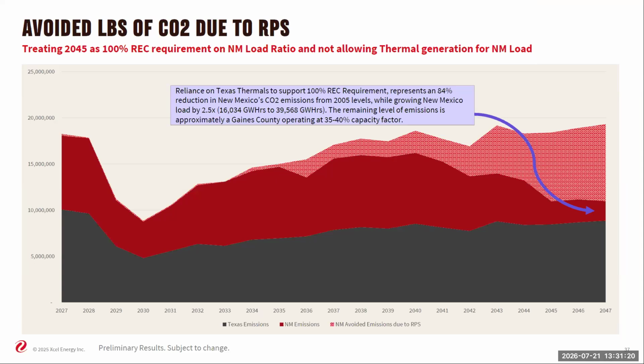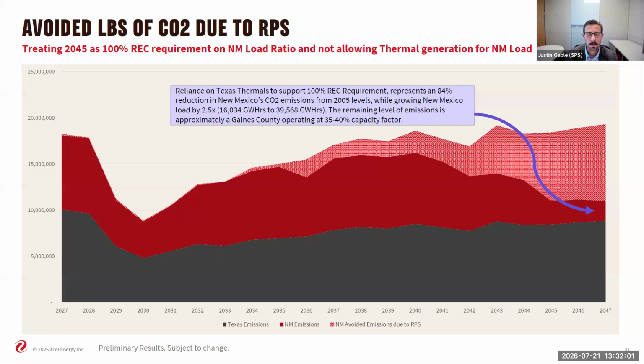Looking at Gaines County as an example, are you attributing some of that Gaines County generation, a thermal resource, in Texas, counting it against the New Mexico ETA by way of load share or imports or hourly difference in net load between the two sides of the system? How are you attributing the emissions in Gaines County onto the New Mexico ETA?